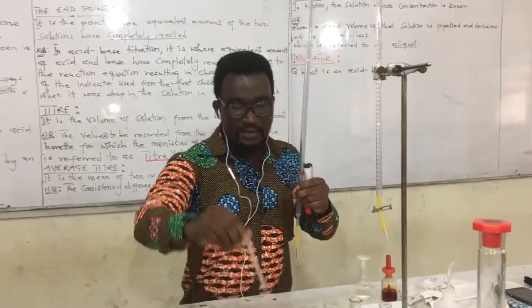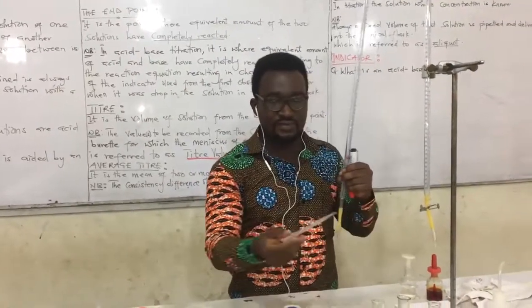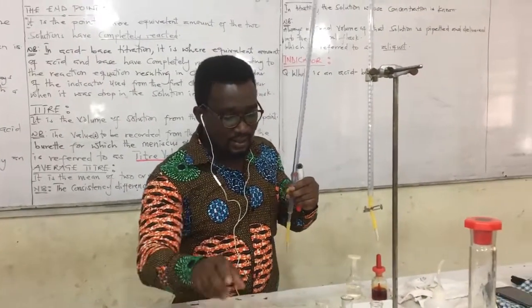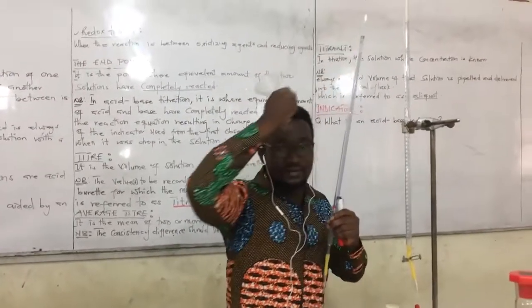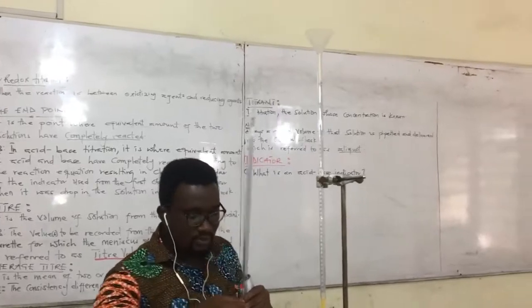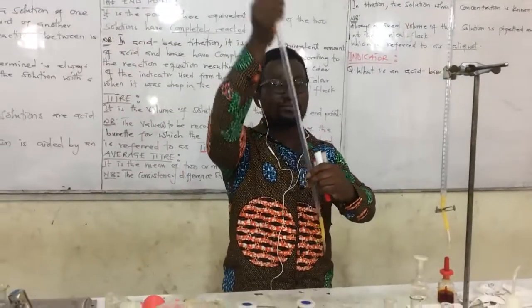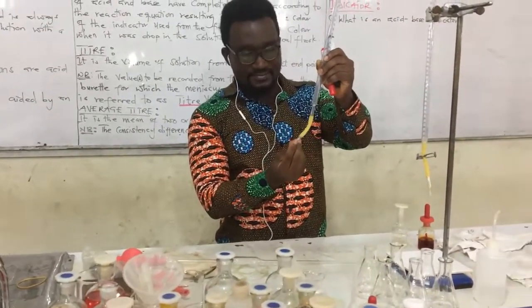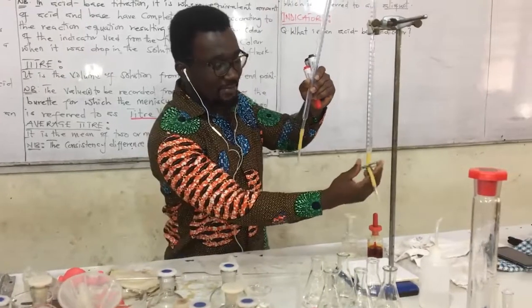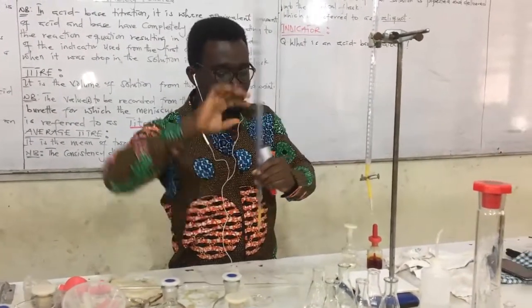And then we also have a dropping pipette, which will be used to pick a few centimeter cubes of the indicator. Now we also have the filter funnel, which you can see one there. So the burette, if you look at the nature of the burette, it is narrow, and it has a tube with a teat. And then here we have a tap. So you can see the tap over there for regulation of the solution.